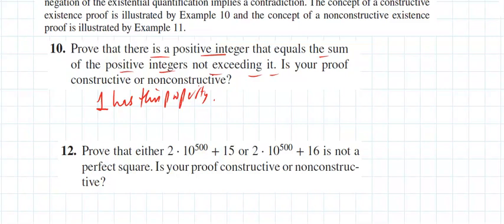Is your proof constructive or non-constructive? So 1 has this property. Well, 1 has that, since 1 is the first positive integer. It is the only positive integer not exceeding 1, so the sum of that will be 1. And therefore the sum is 1. This is pretty much a constructive proof.